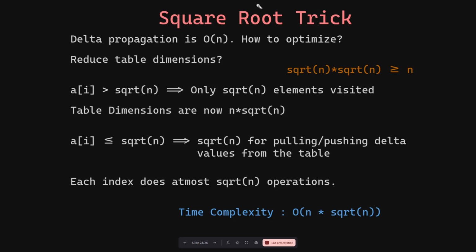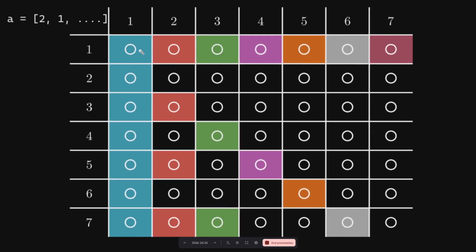Now notice that the delta propagation is O of n per index. This is because there are n different delta values for each row, and each delta value will move downwards in O of 1. Now notice that there is no scope for further optimization because each cell already moves to its next neighbor in O of 1.